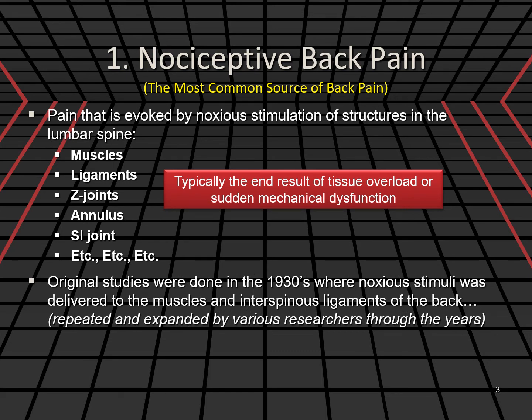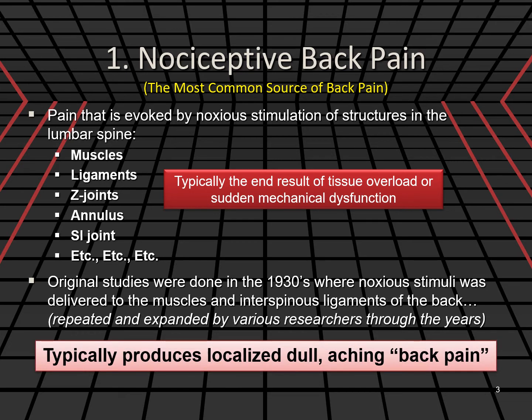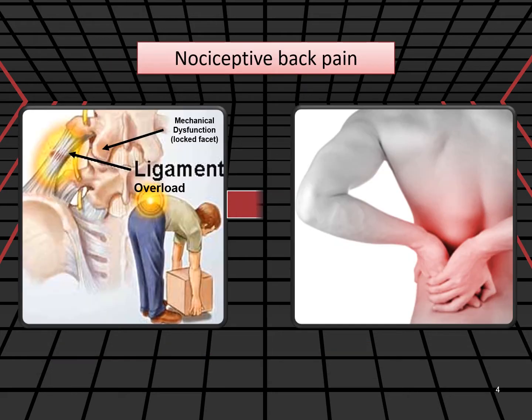Studies have been done on the sources of pain emanating from the different soft tissue elements of the functional spinal unit since the 1930s, and there's quite a bit of them out there if it sparked your interest to look into it further. But typically, when the nociceptors are activated, you have a localized dull backache.